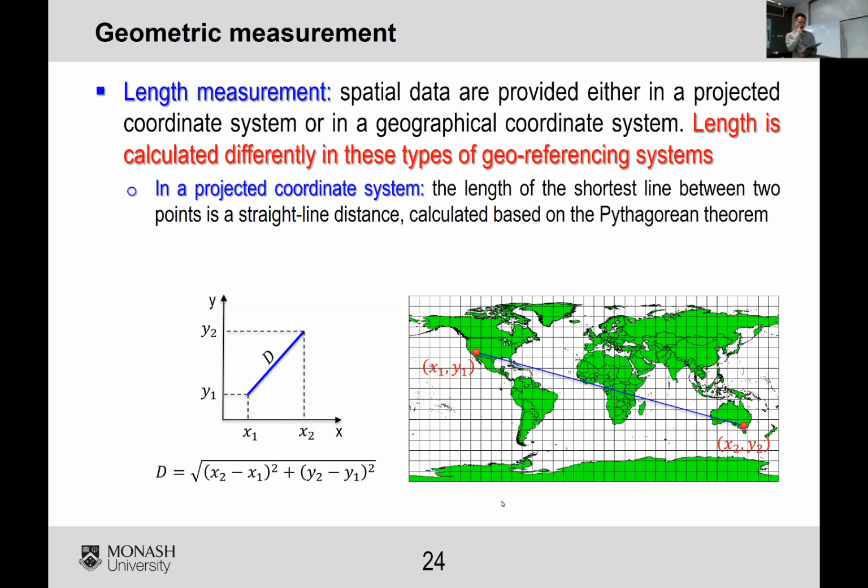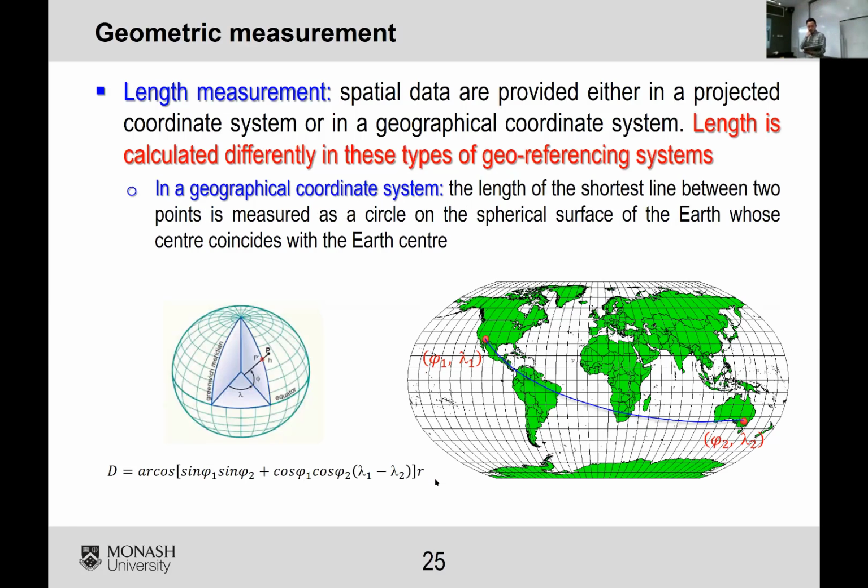So if we were working with a projected coordinate system, very straightforward, the distance between 2 points is the straight line. And the line is calculated based on the coordinates of these 2 points. Okay?